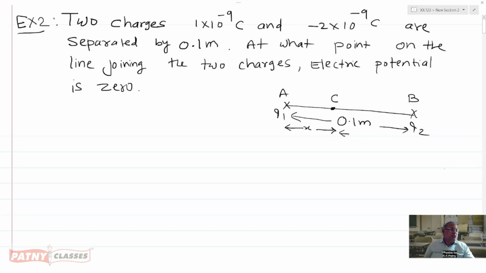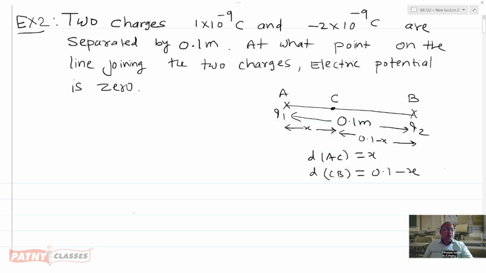So the distance AC equals x and the distance CB equals 0.1 minus x, in meters. Q1 and Q2 are given.